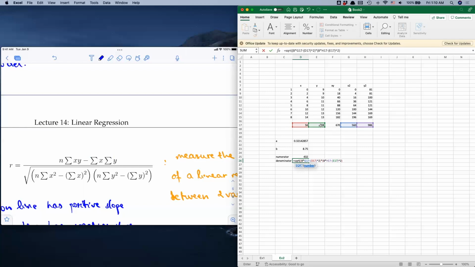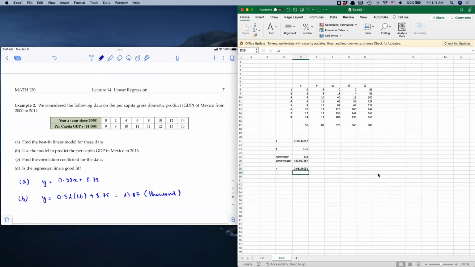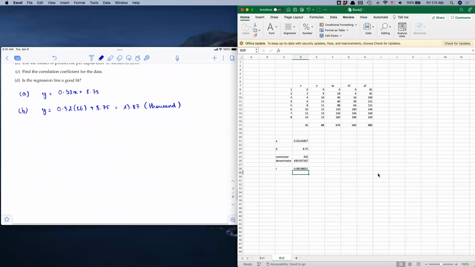Close parentheses for the second part under the square root, and then close the square root. So this is what we get for the denominator. Now R is equal to the numerator divided by the denominator, and we get 0.98, which is really good for the curve to fit the data set that we got.